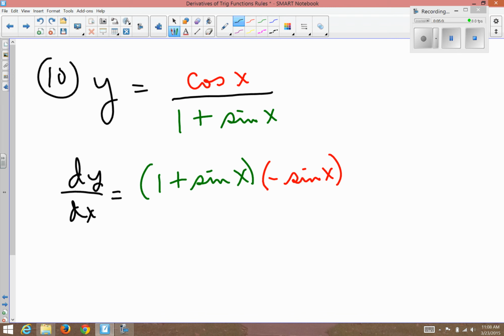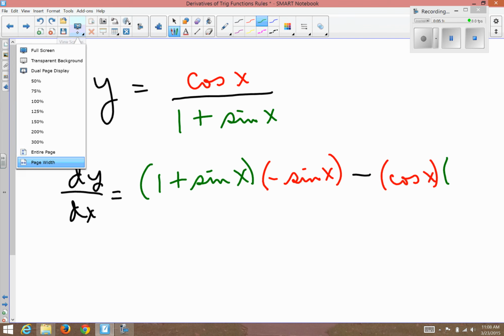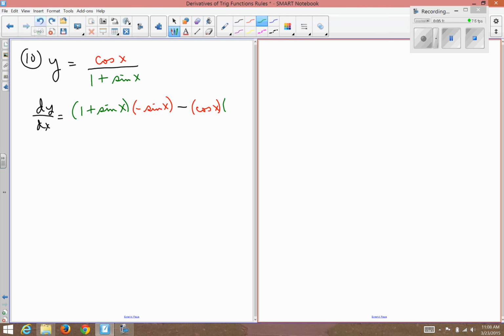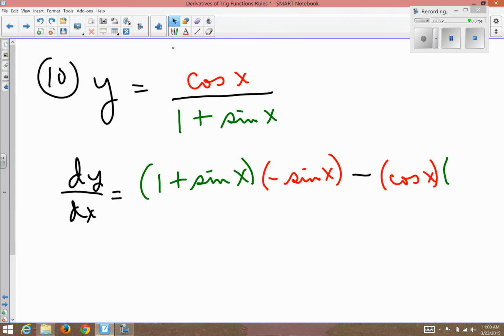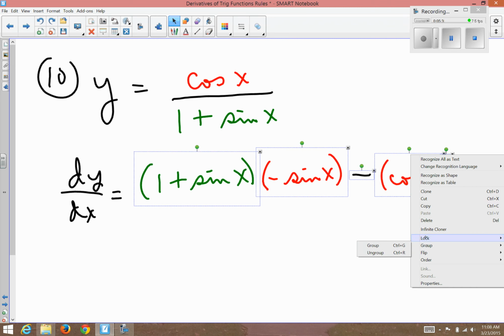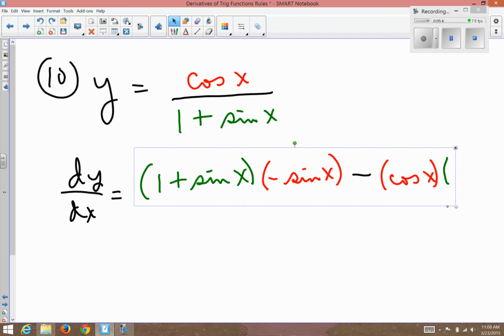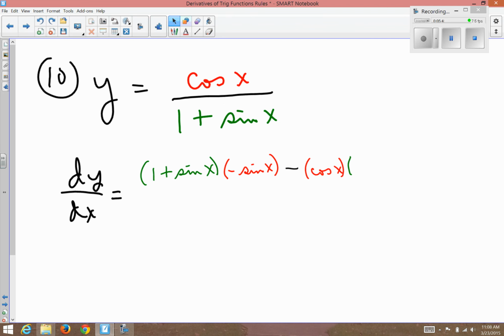The denominator times the derivative of the numerator minus the numerator times the derivative of the denominator. So I'm going to repeat the words so I can remember where I left off.